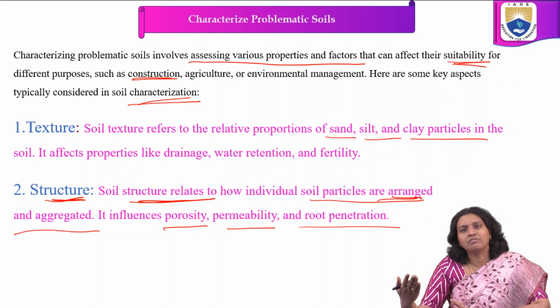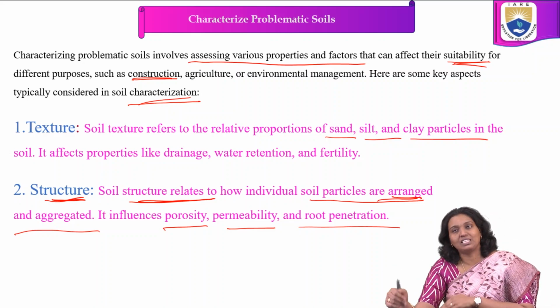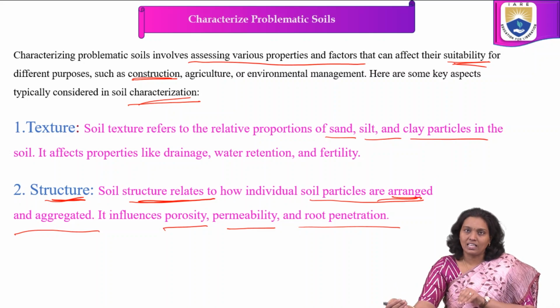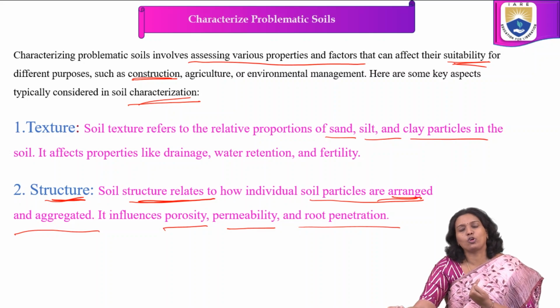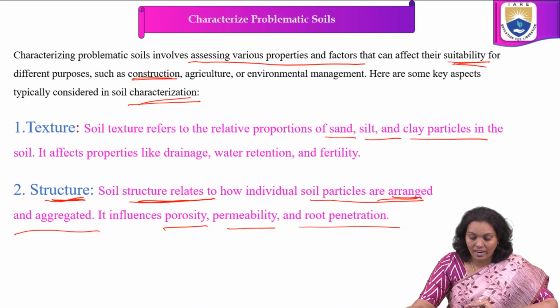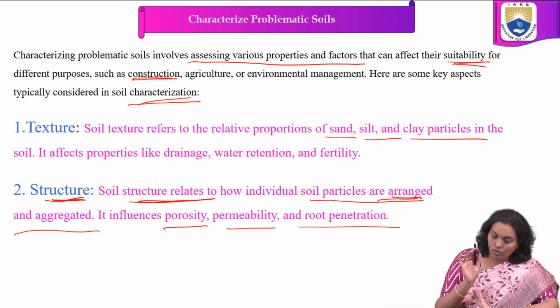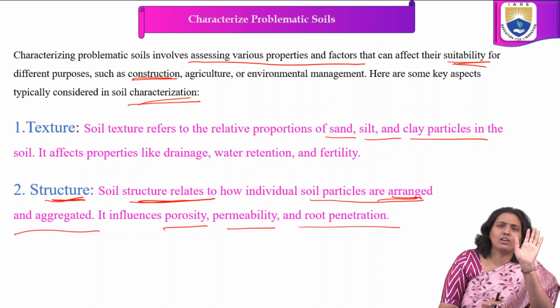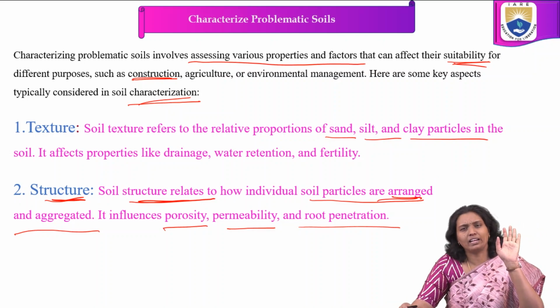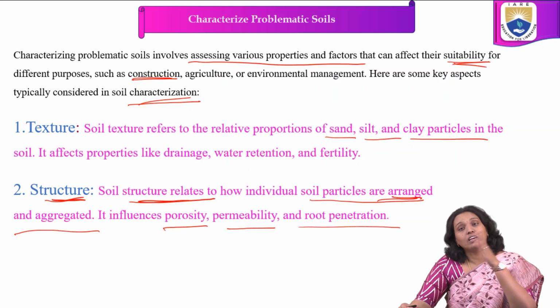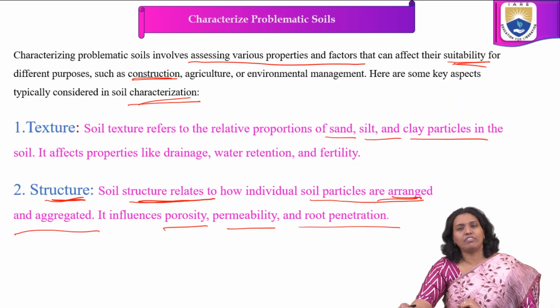In the previous class, we saw how to identify these soils. Now we are understanding how to characterize them and how they affect suitability for various purposes. Based on the structure, we understand how the particles are arranged and which type of aggregate they belong to.